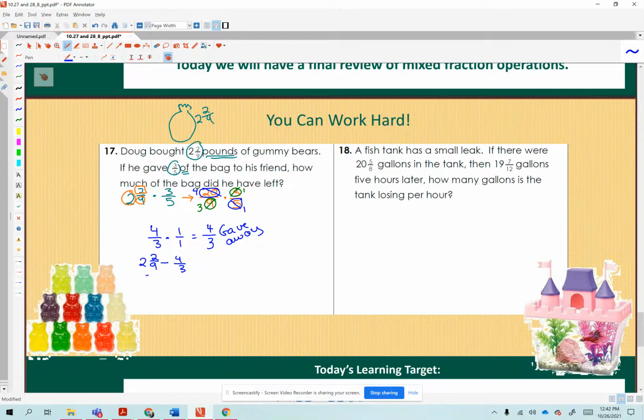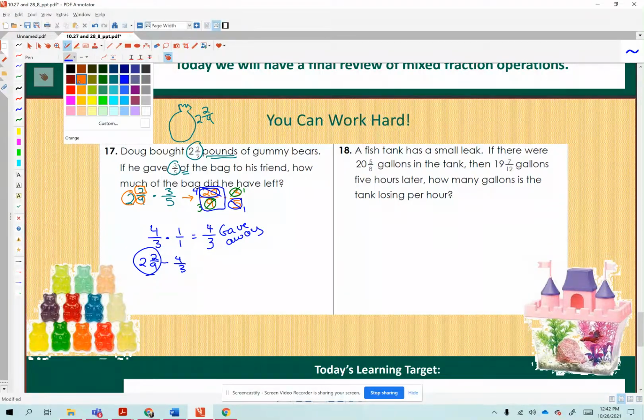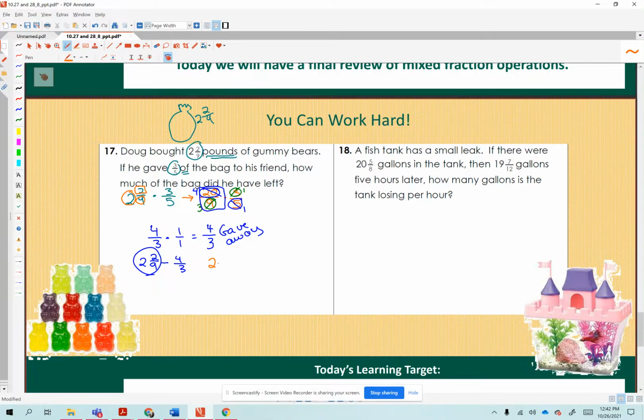So I will rewrite the 2 and 2/9 as an improper fraction, which I know up here is 20/9. So that would be 20/9 minus 4/3. And I'm going to rewrite the 4/3 with a denominator of 9. 3 times 3 is 9. 4 times 3 is 12. So that would be 20/9 minus 12/9.